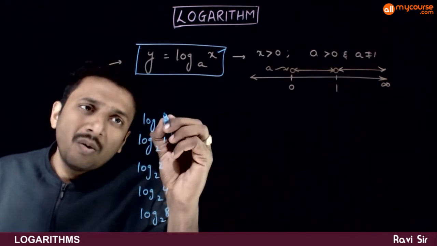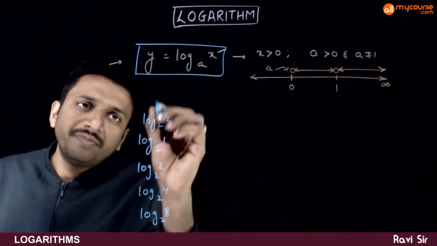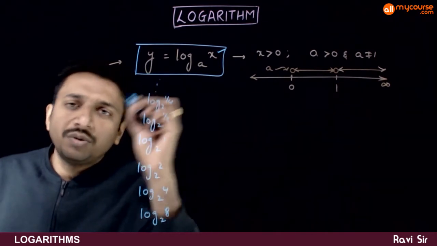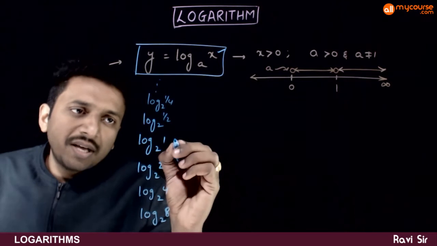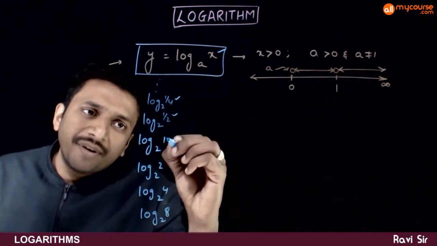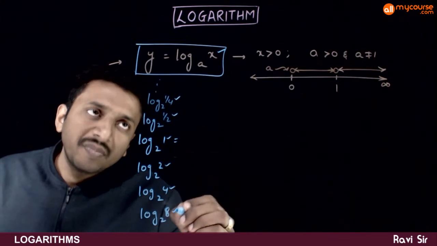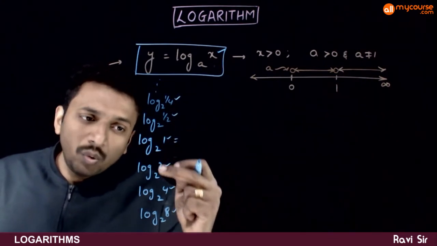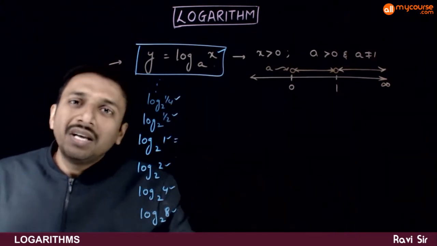Log 1 by 2 to the base 2, log 1 by 4 to the base 2, so on. As you can very clearly see, I am increasing the value of x slowly: 1 by 4, 1 by 2, 1, 2, 4, 8.